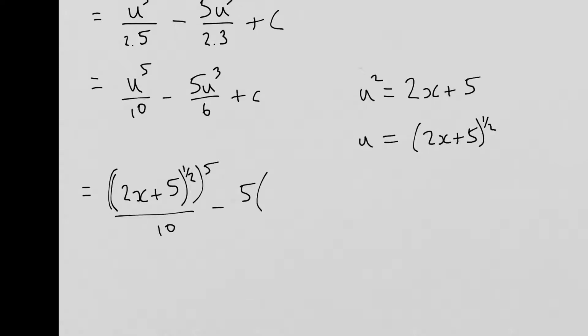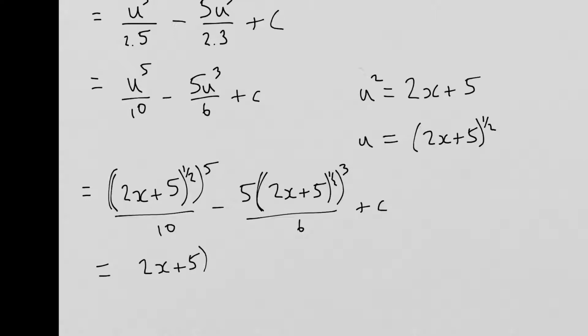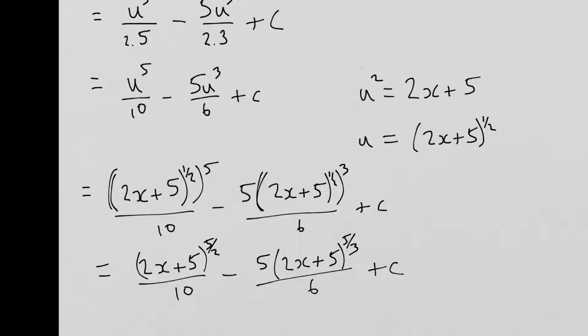And then 5u, so the 2x plus 5 to the power of a half, all to the power of 3 there, plus c. So I'm going to get 2x plus 5 all to the power of 5 over 2, all over 10, take away 2x plus 5 all to the power of 3 over 2, all over 6, plus c. And there we have the final answer.